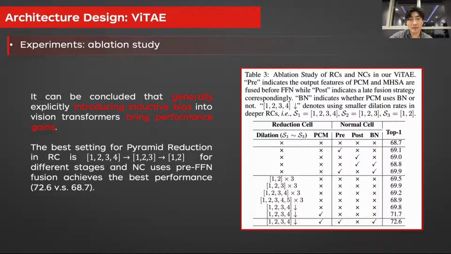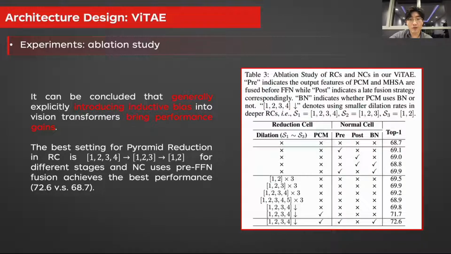To investigate the efficiency of the proposed inductive bias in vision transformers, we test different settings of reduction cells and normal cells, including different settings of dilation rates, whether to use the parallel convolution module in reduction cells, and how to fuse the features from multi-head self-attention and parallel convolution modules in normal cells.